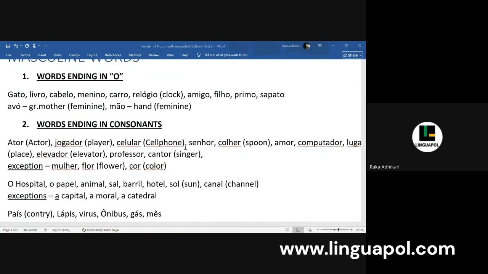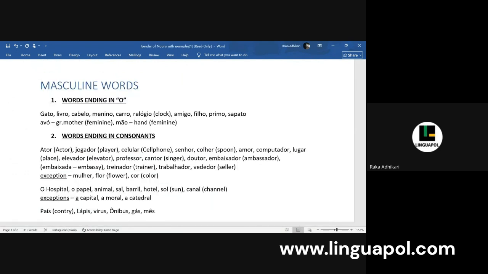Okay, what is a doctor in Portuguese? Doutor, yes, doutor and doutora. So doutor is masculine. And ambassador will be called embaixador. So in this way, we can see that the words that end in R are all masculine words.